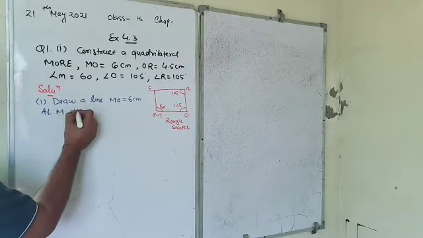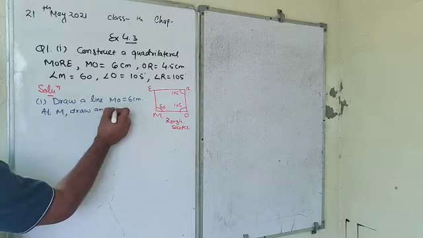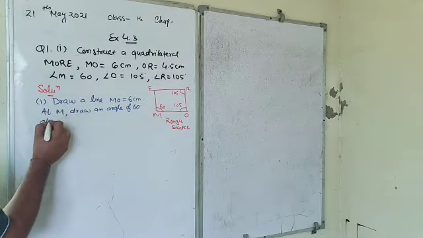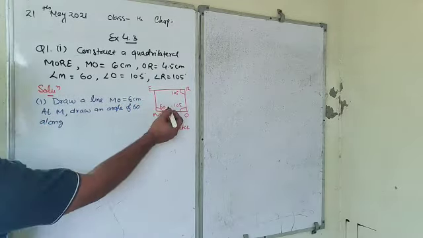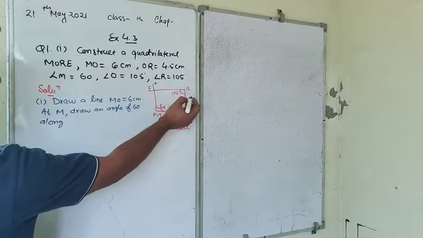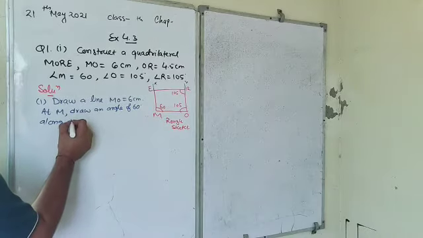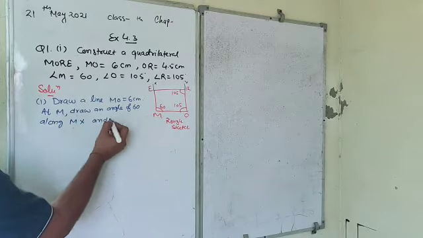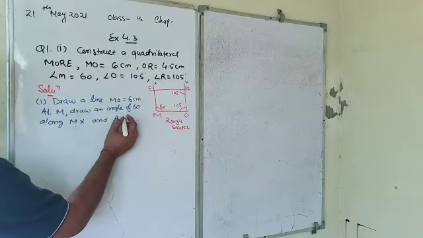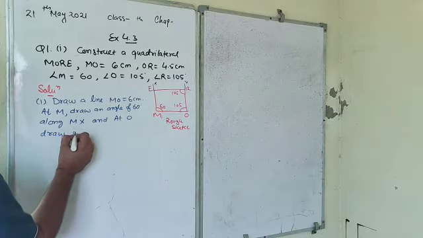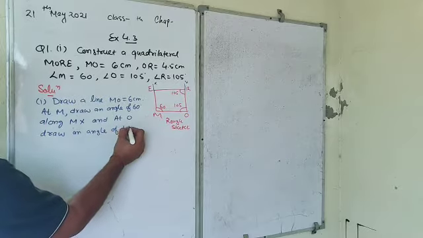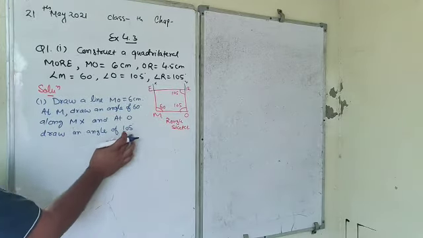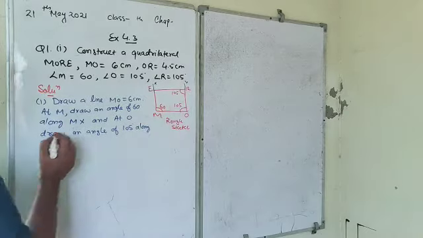At M draw an angle of 60 degree along, suppose, some point X. So along MX, clear? And at O draw an angle of 105 along OY.